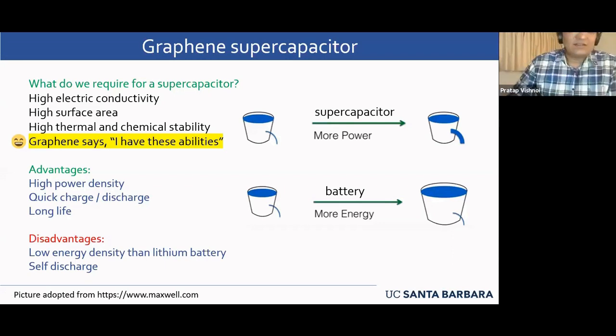So what are the disadvantages? Low energy density. What it means is you cannot store a huge amount of energy, whereas you can do that in a lithium-ion battery. Suppose you have a lithium-ion battery where the cathode is, say, 1 milligram of lithium cobalt oxide, and you have an anode of, say, 1 milligram or so. You have some amount of energy stored in it.